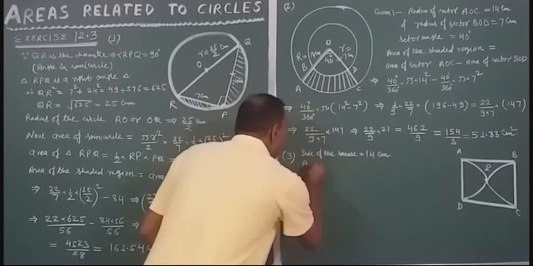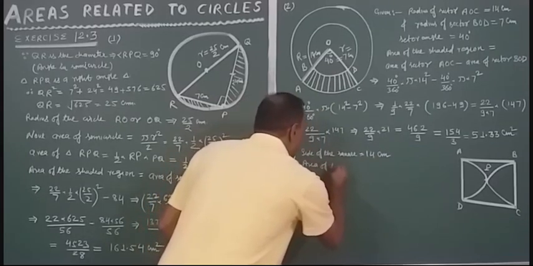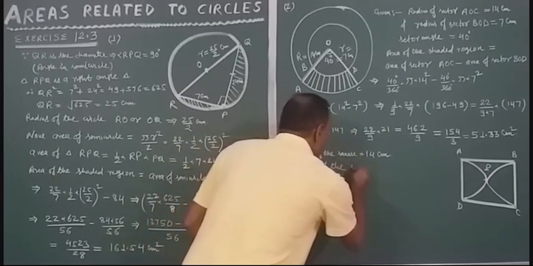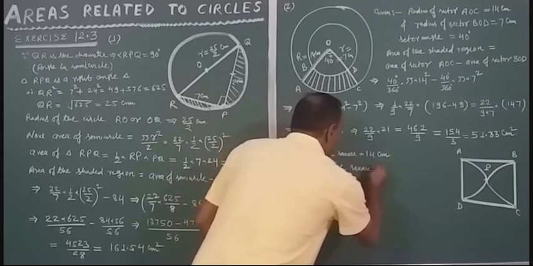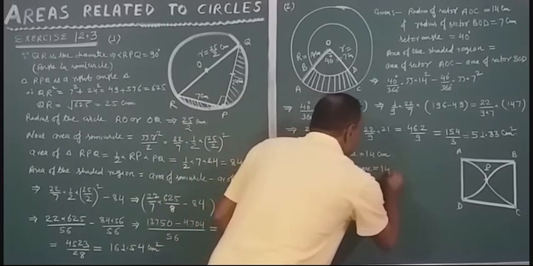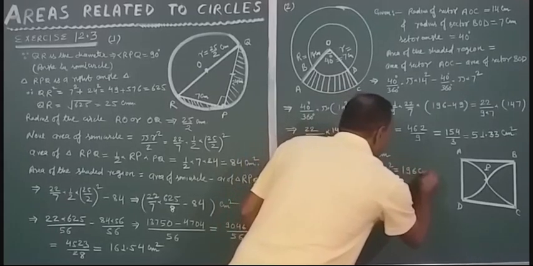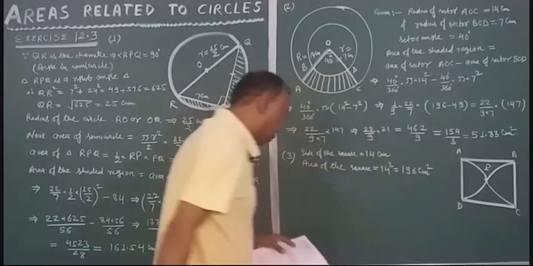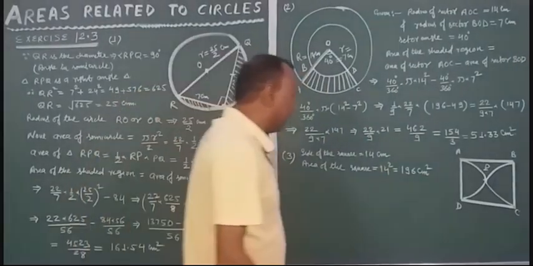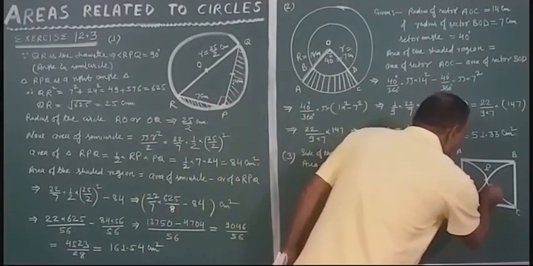So area of the square will be side square, that is 14 square. This will be 196 centimeter square. You have to find the shaded area.